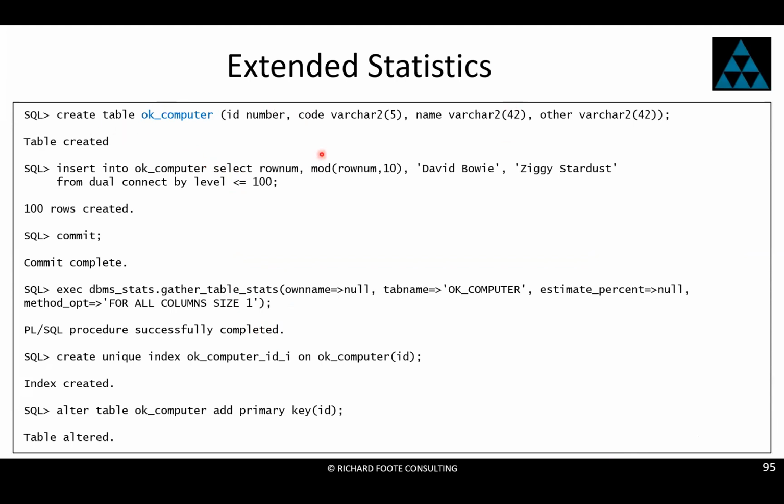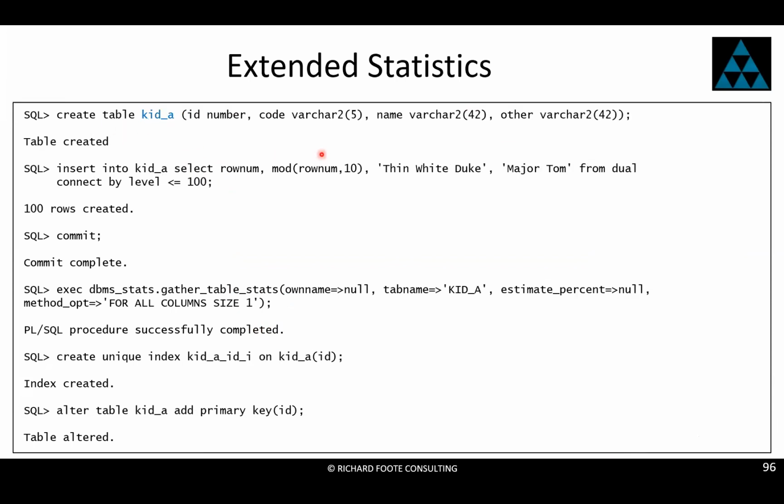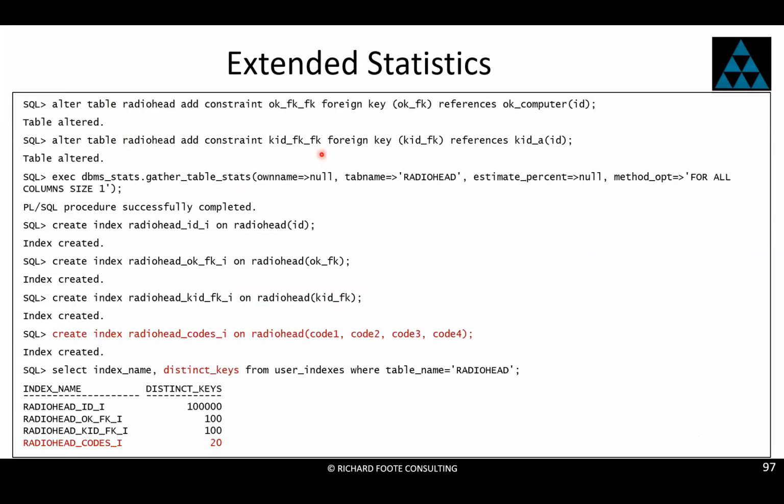So what I'm going to do is create a couple of lookup tables. These are just little lookup tables that I'm going to join to. I'm going to create my foreign keys, my primary keys, etc. But the important thing I'm going to create here is an index on these 4 columns. Why?